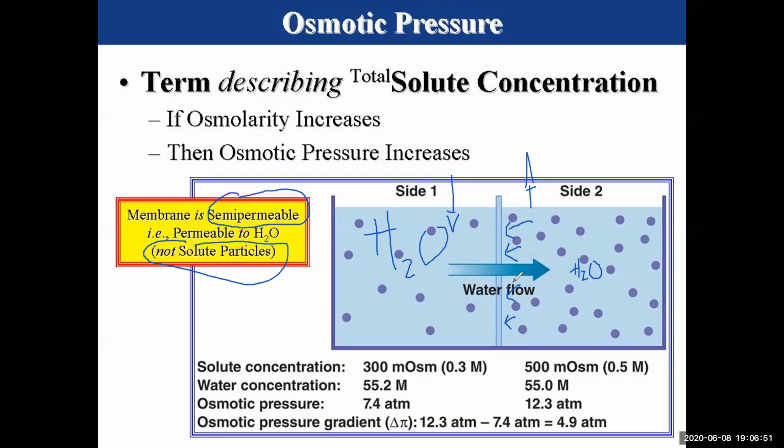At equilibrium, there's no more net water flow, right? So solute concentration, 300 to 500. Now the solute cannot move, only water can move. So water will move from a high concentration to a lower concentration. Water can move because the membrane is not allowing the solute to move.